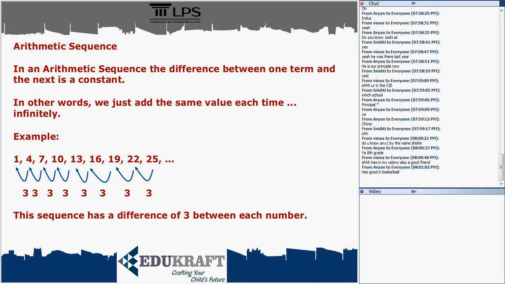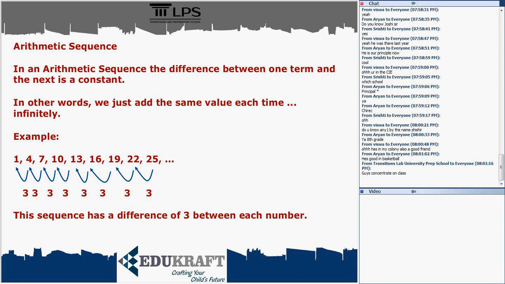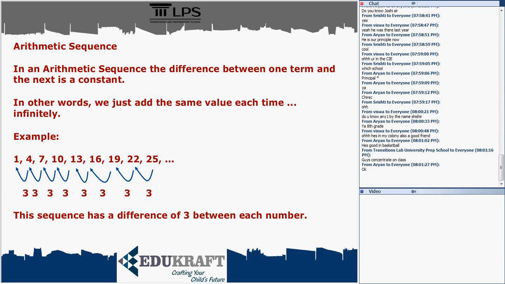The sequence which is called the arithmetic sequence is one where the difference between one term and the next is a constant. In other words, the value changes by the same amount each time, infinitely. There is a common difference. Take the sequence 1, 4, 7, 10, 13, 16, and 22.